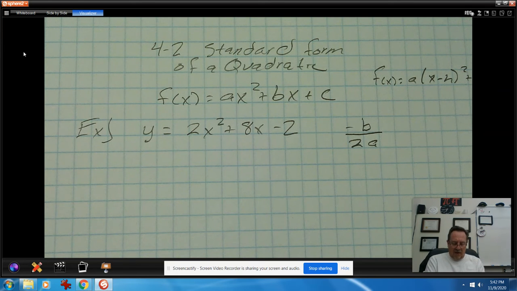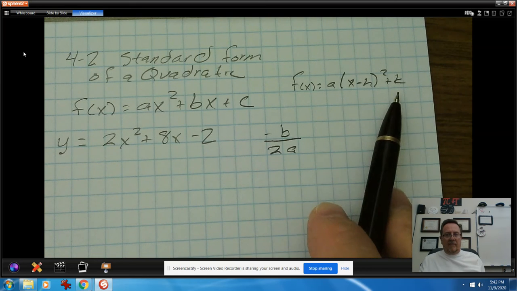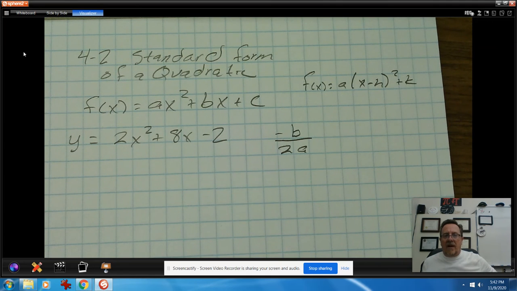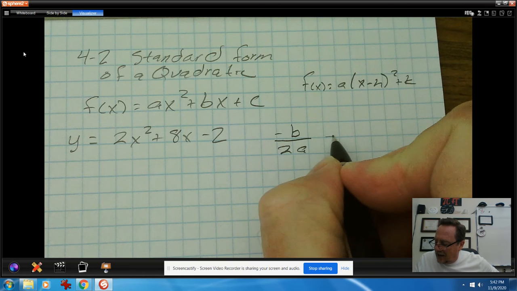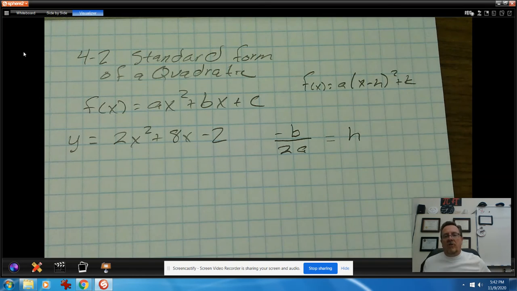And it's magic because in vertex form, we were able to glean where the vertex was just by looking at the values for h and k. But for our standard form, we can't glean those values. But what we can say is that negative b over 2a is actually going to be our h.